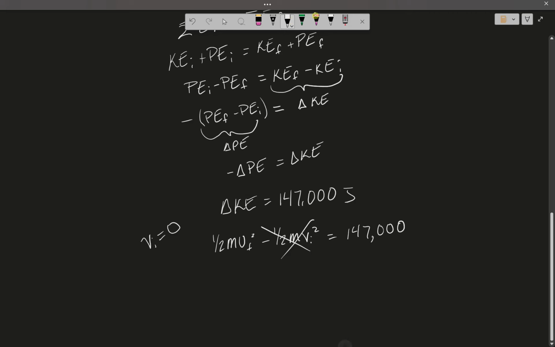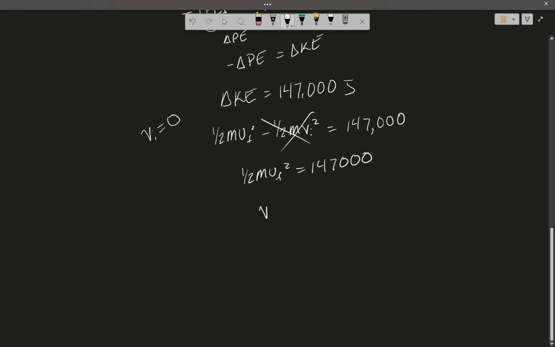This will give me that 1/2 mv final squared is equal to 147,000, or that my final velocity is going to be plus or minus the square root of 2 times 147,000 divided by the mass, and the mass of this cart was 500 kilograms.